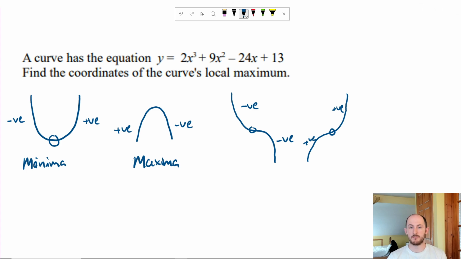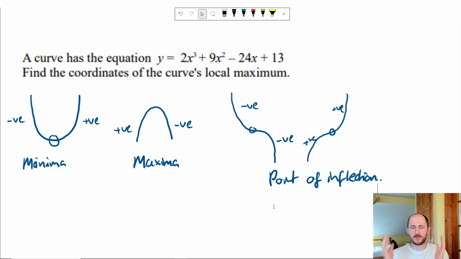That is called, there's 2 ways to call it. I call it the point of inflection. Some people call it a saddle point, which actually isn't mathematically correct. A saddle point has to be 3-dimensional.